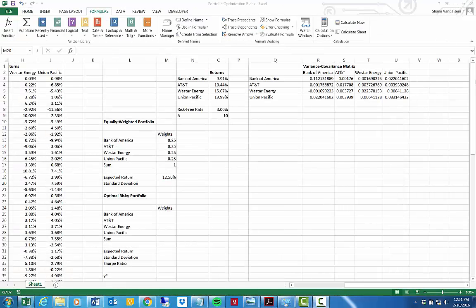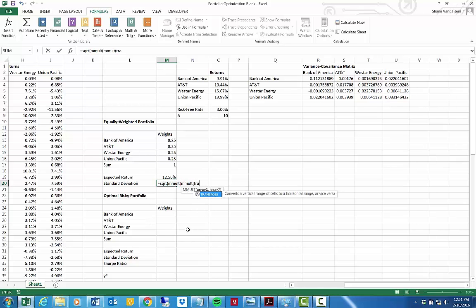So to calculate the standard deviation of the portfolio, I start with equals SQRT, MMULT, TRANSPOSE, open parentheses. Here's where we put the weights in, again because we're taking them from a column to a row, close parentheses.